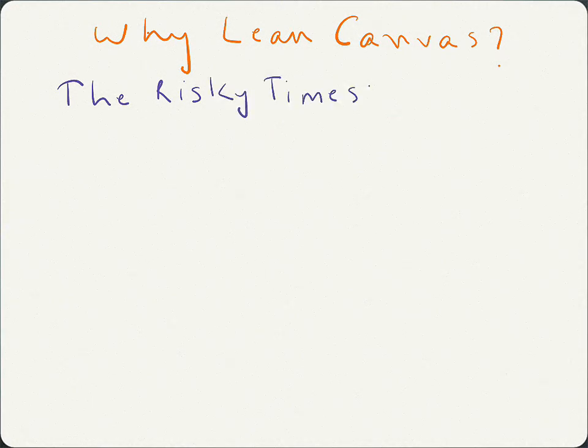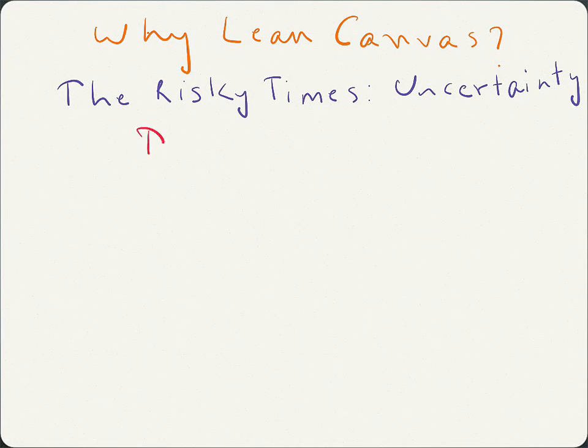Those months and maybe years in which there is no clear roadmap, there is no template, because the startup is trying to develop a product or a service completely new, for which there is no established layout.